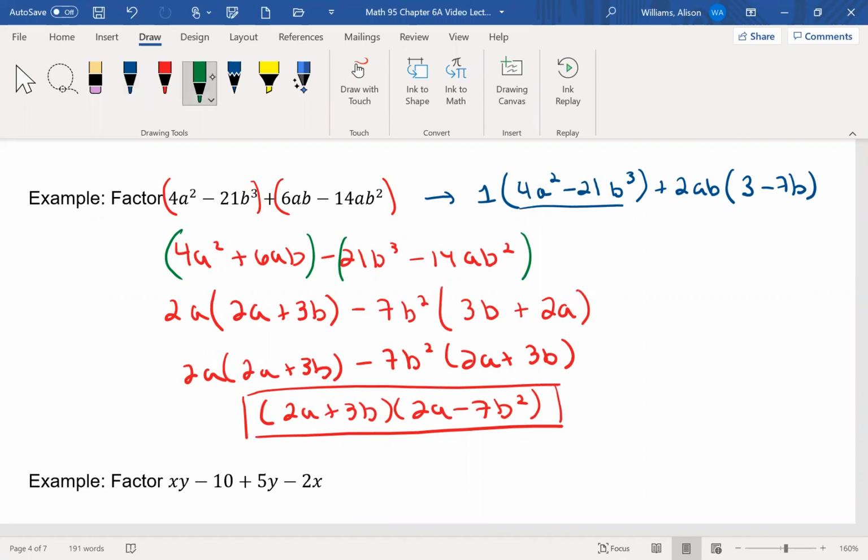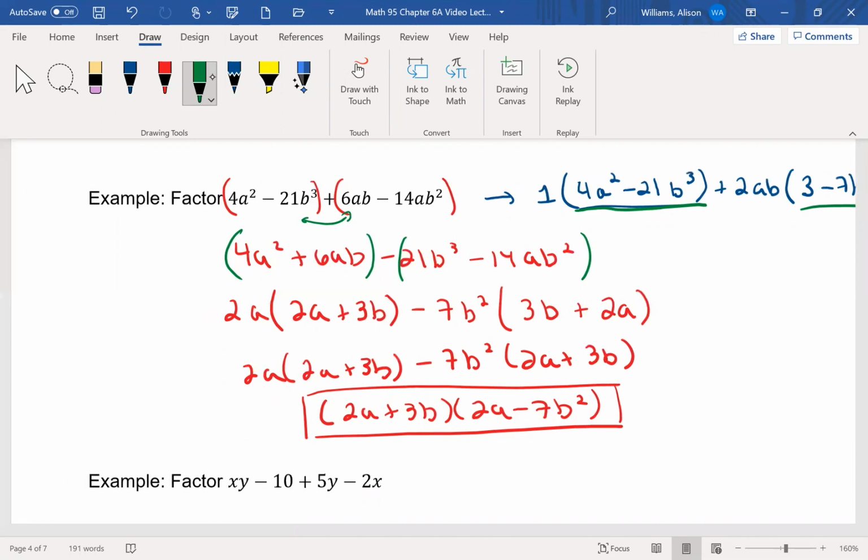This does not match the other parenthesis term. So these two don't match. And that's why I went ahead and switched the two middle terms to begin with, so that I could make certain the blobs would match. The blobs have to match. If they don't match, we did it wrong. We need to try again.